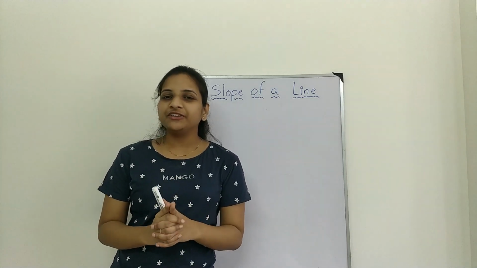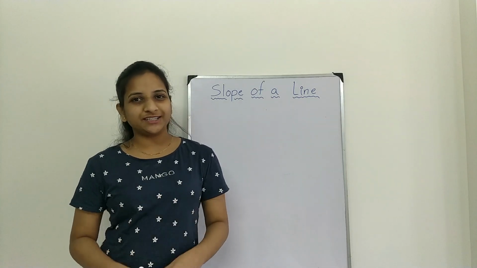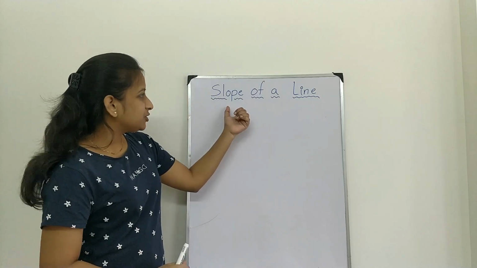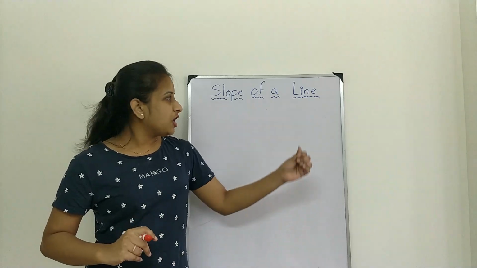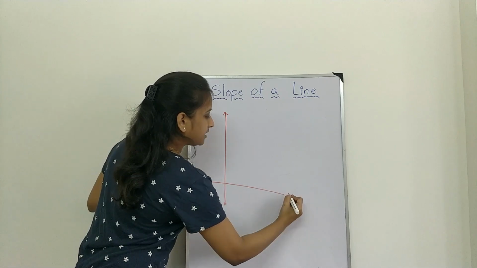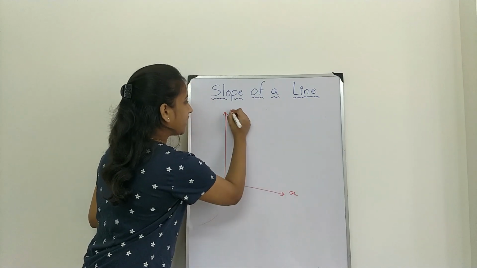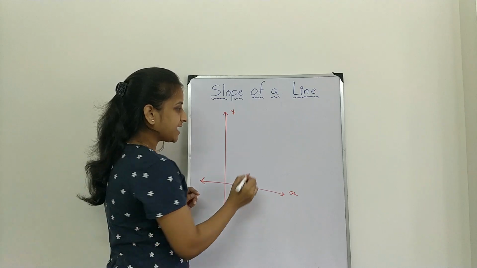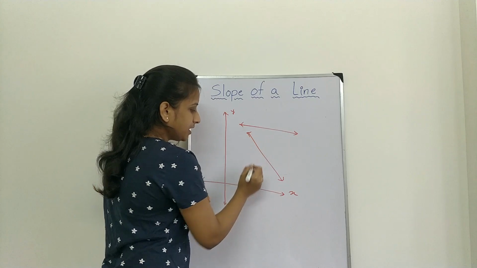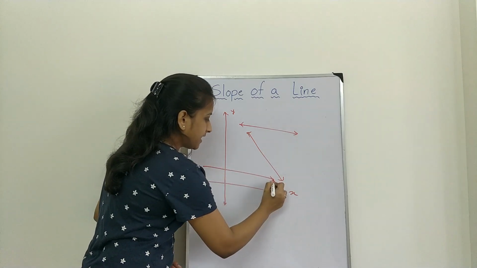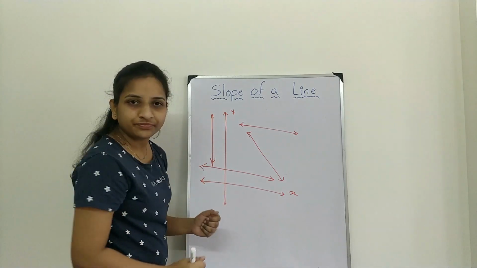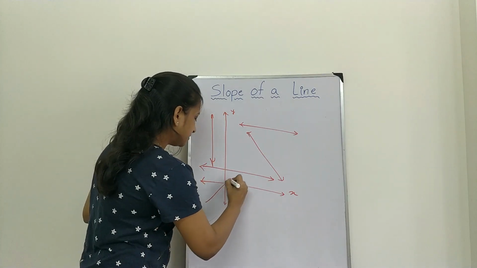In this video, I'm covering a very basic, easy to understand and important topic from the geometry point of view: slope of a line. We all know a line. If this is my Cartesian plane, x-axis and y-axis, I can draw a line like this or like this, parallel to x-axis like this, parallel to y-axis, this is also a line, passing through the origin.